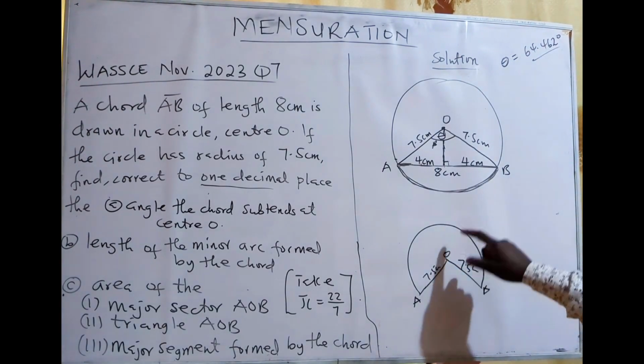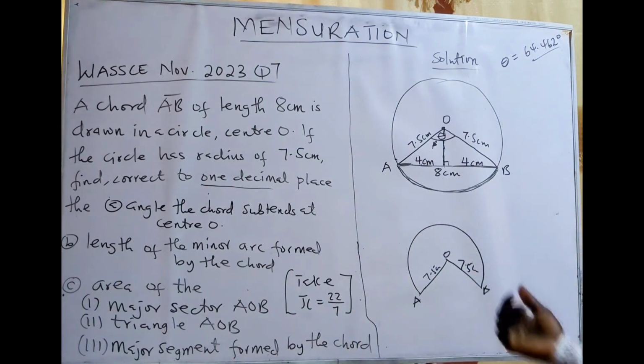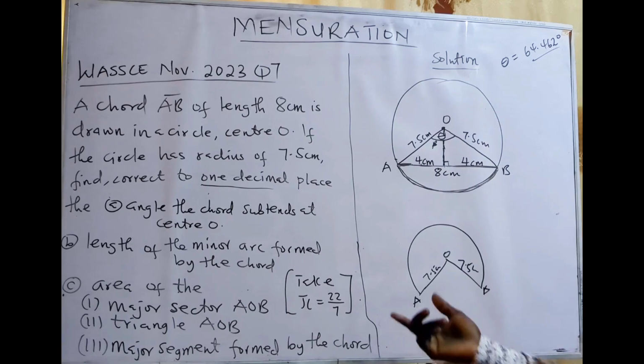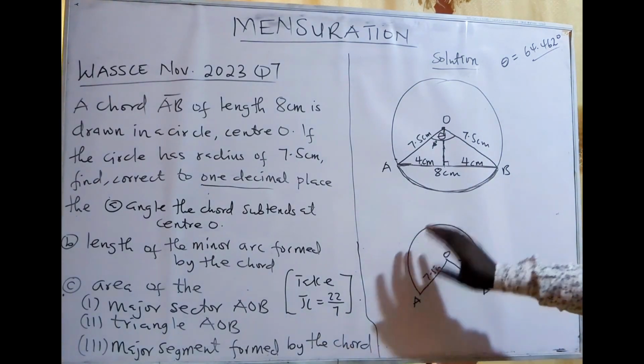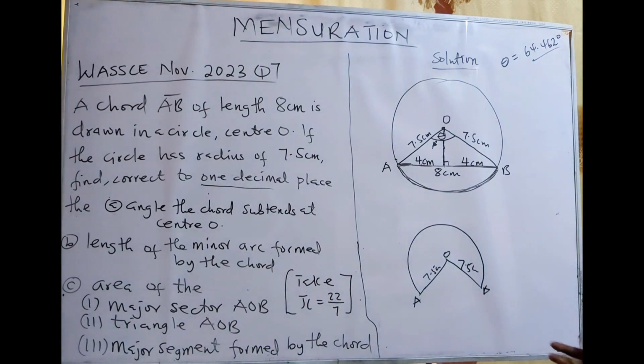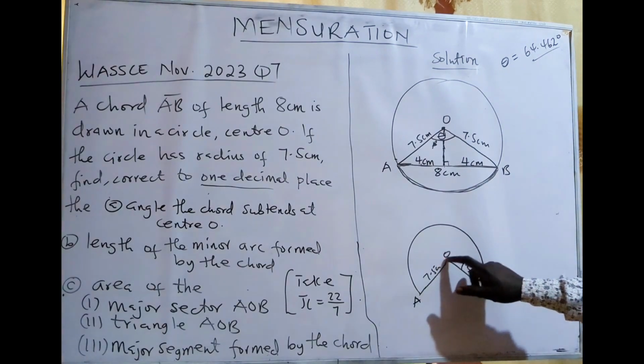So what is the area of a sector in general? Theta on 360 times pi r squared, that is multiplied by the area of the circle, because a sector is a portion of the area of the circle. So we need the angle the major sector subtends at the center.